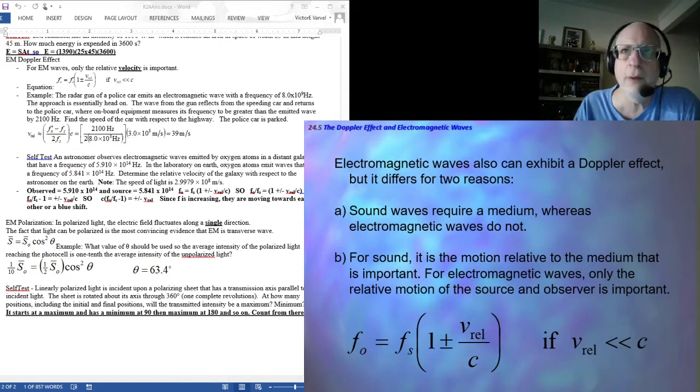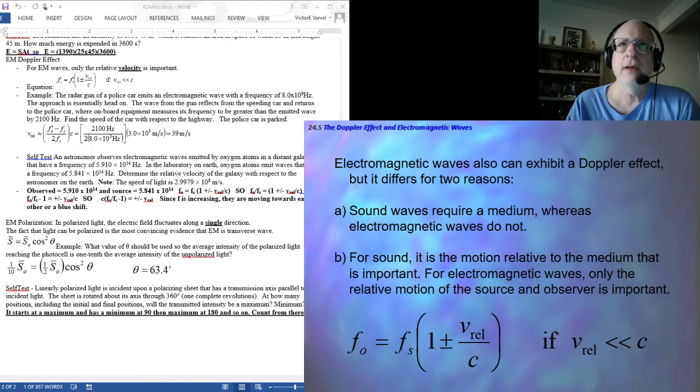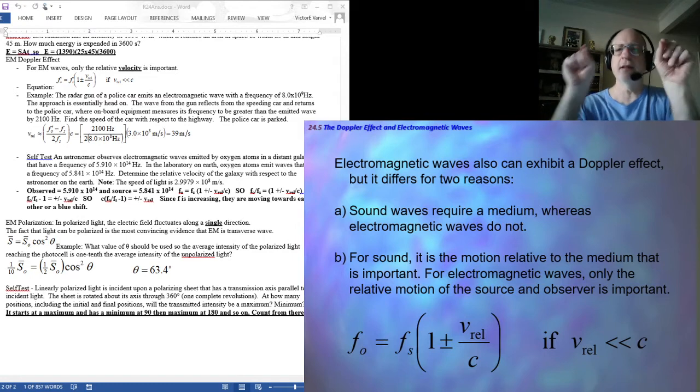The reason for that is because we were measuring both of their velocities relative to the Earth, because the air that the sound is moving through is basically moving with the Earth. So the medium becomes much more important, whereas electromagnetic radiation doesn't care about the medium. It cares about this wave moving relative to this wave.